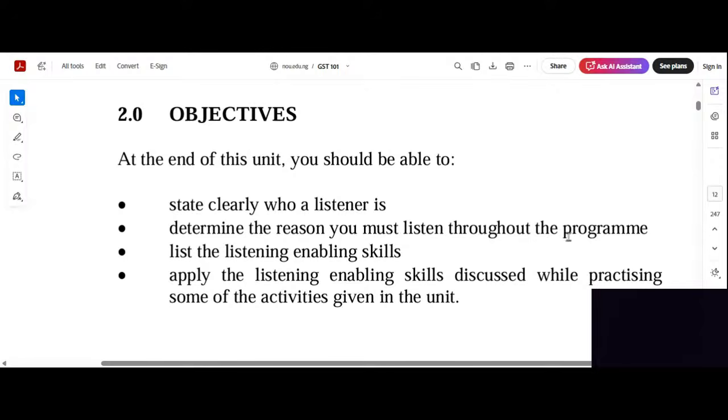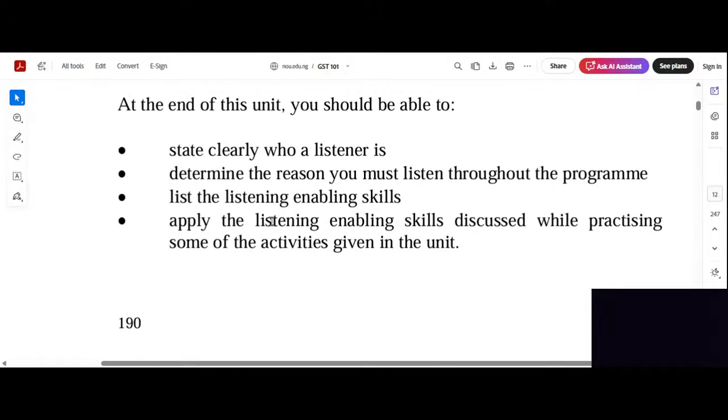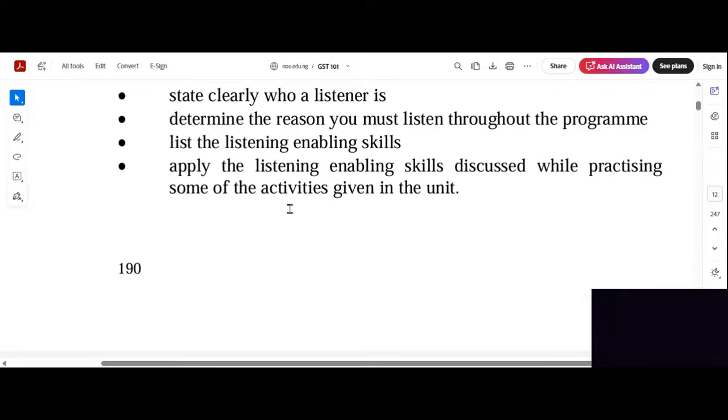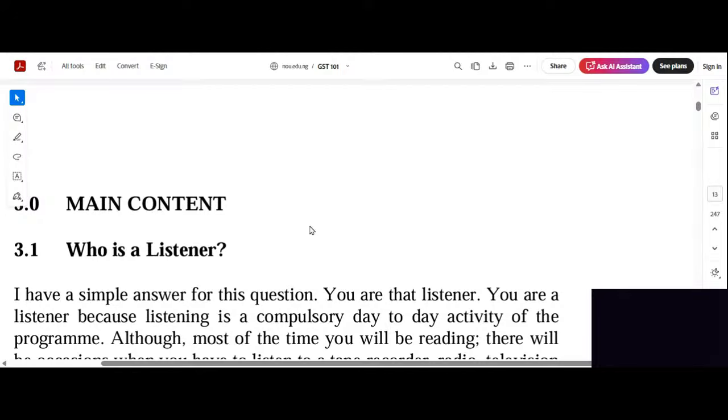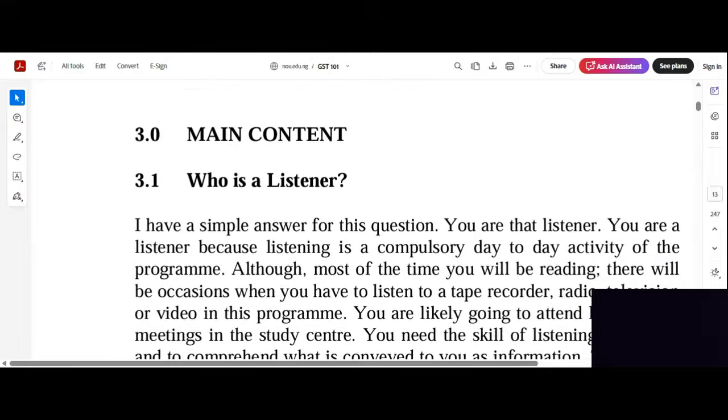You are studying mass comm, computer science, biology, any department or program, you will always need to listen. Why? You will determine that in this unit. Then list the listening enabling skills, the skills you will need to be able to listen effectively. And then we'll apply the listening enabling skills discussed while practicing some of the activities given in the unit. So guys, let's go to the first thing we have tonight.